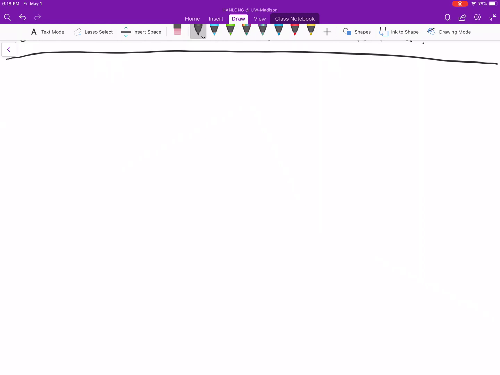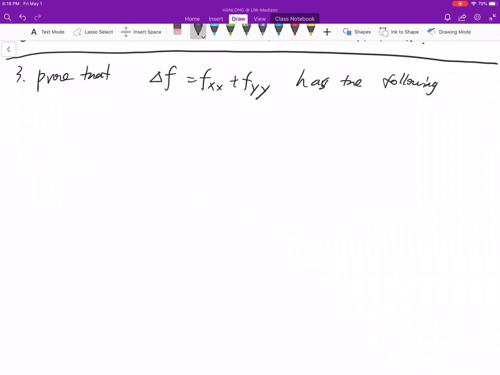So first problem, I will talk about the derivative problem first. So prove that. I should say here, although it's proof, it's just calculation. Probably I should not say proof. Has a following form in the polar coordinate.